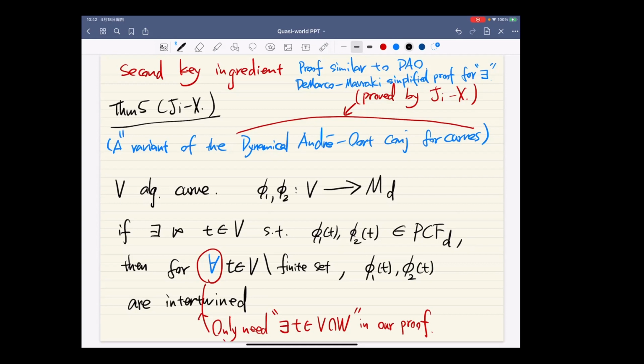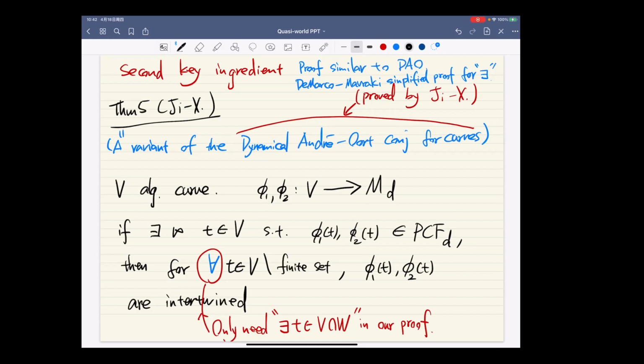So the theorem is stronger than what we exactly need in the proof. Okay, and our proof of this theorem is very similar to the proof of our dynamical André-Oort conjecture.